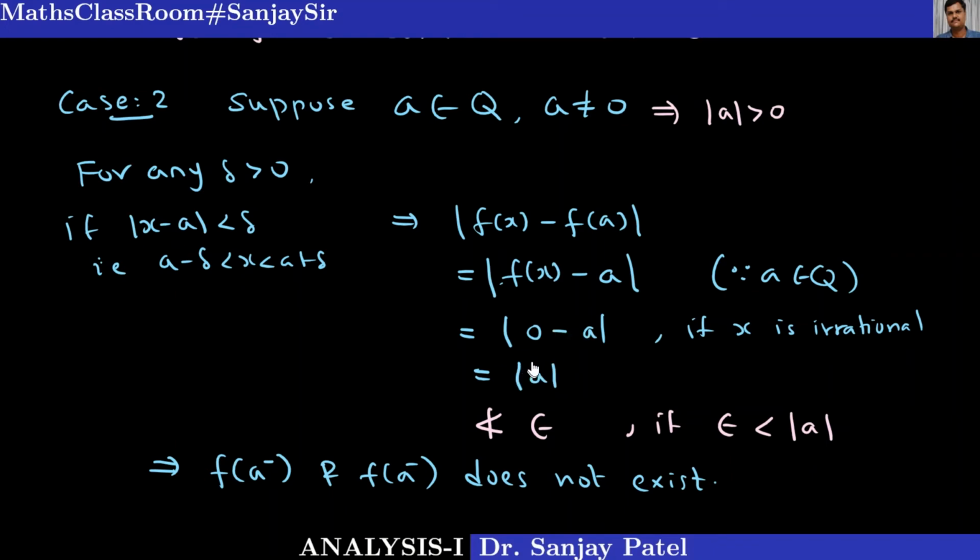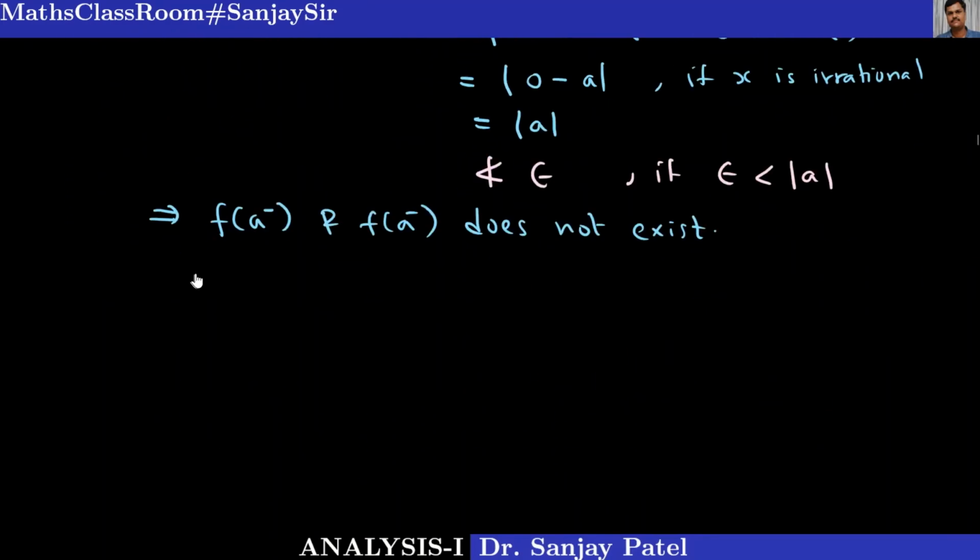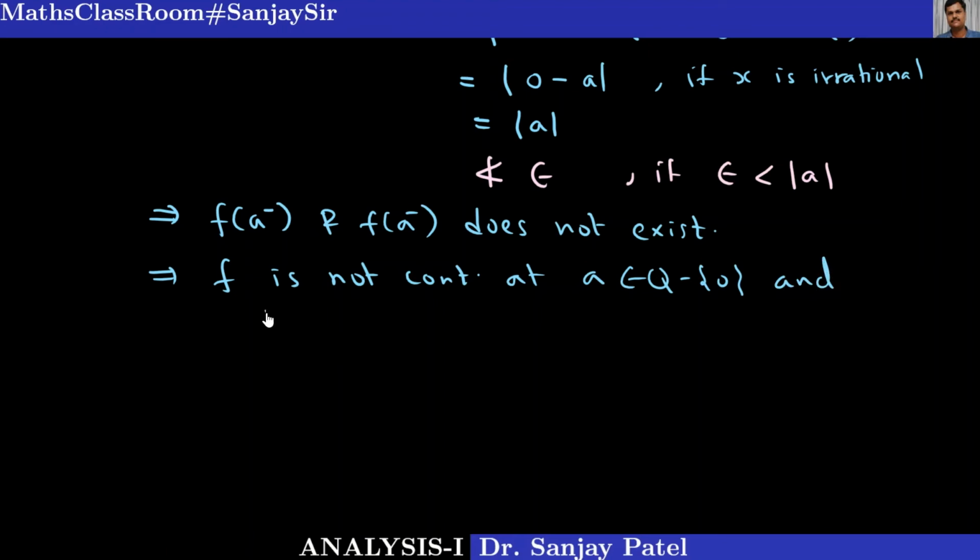So f(a minus) as well as f(a plus) does not exist, and hence f is not continuous at the point a, which belongs to what? Q minus 0, yes, because it is a non-zero rational number, and the discontinuity is of the second kind.